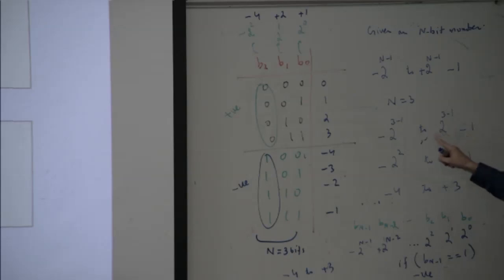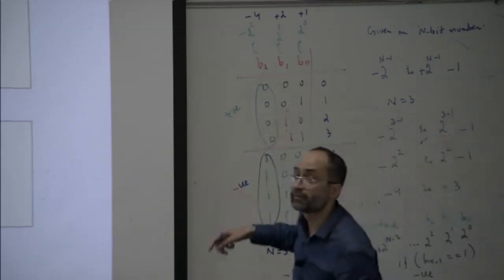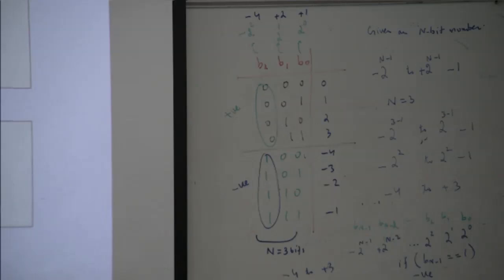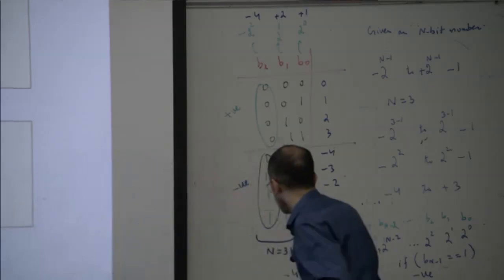For this particular example, n was 3, so the range was from -4 to +3. If n is equal to 4, -8 to +7. If n is equal to 5, -16 to +15. If n is equal to 6, -32 to +31, and so on. Okay, so now we have all of these representations.